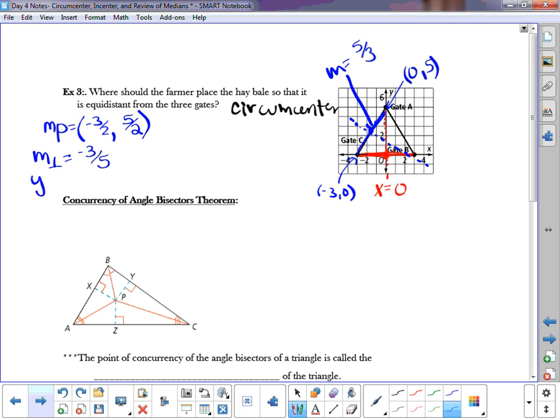So y minus my y value equals slope times x minus my x value, which is being plus 3. So what we just found here is my equation of the perpendicular bisector for that from A to C.